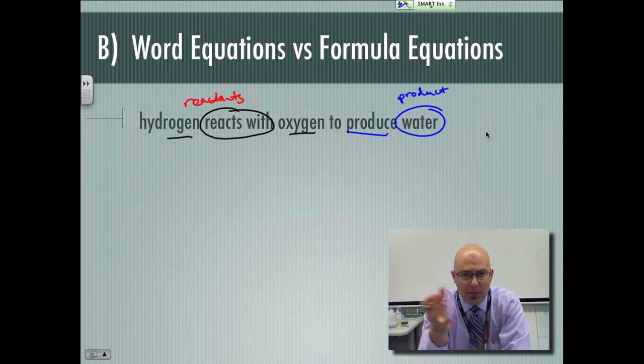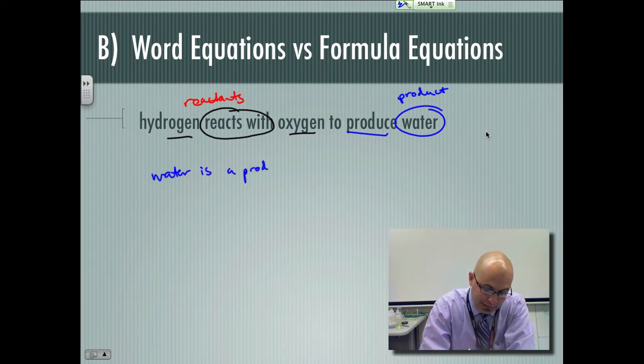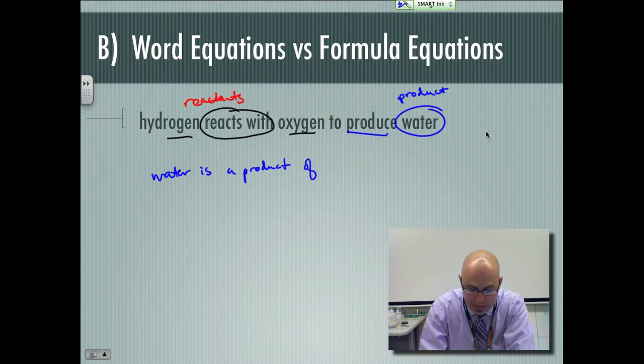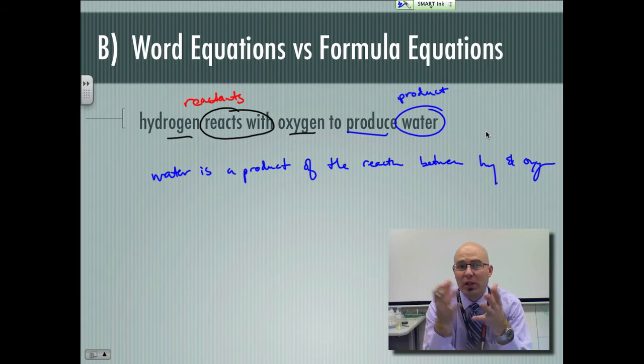Now we could also use a word equation such as: water is a product of the reaction between hydrogen and oxygen. Again, I'm not going to write out the whole words, but notice this different way of writing it means the exact same thing.